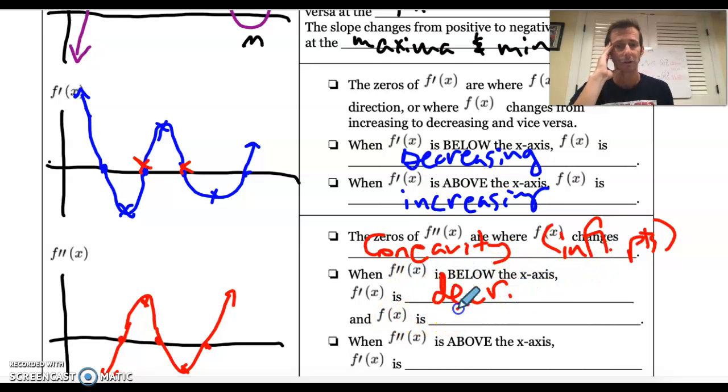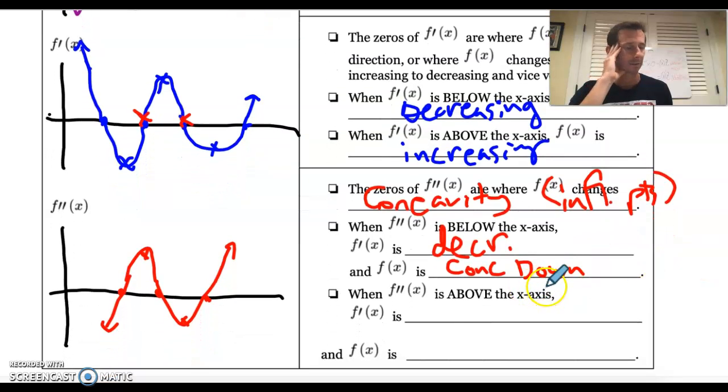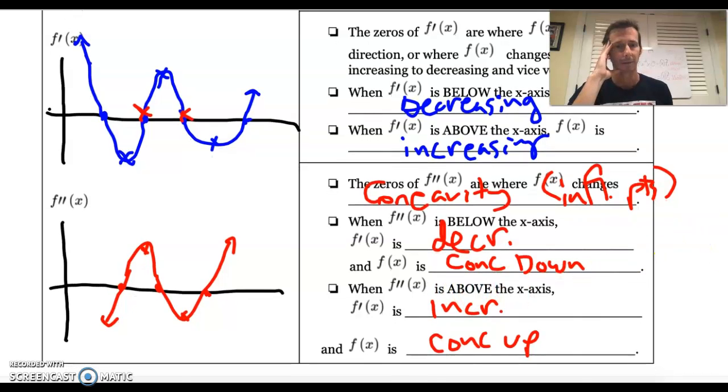That means the function itself will be concave down. So think about negative as corresponding to decreasing and concave down. And in contrast, if the second derivative is above the x-axis, then the first derivative happens to be increasing, and at the same time it would be concave up. So all these positive things are going on in terms of above. So think about it that way.